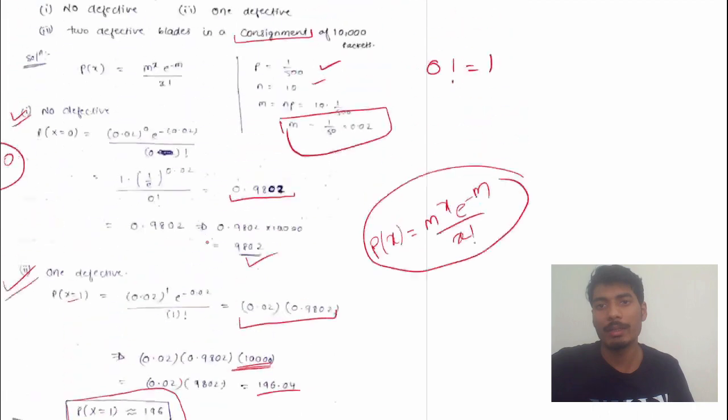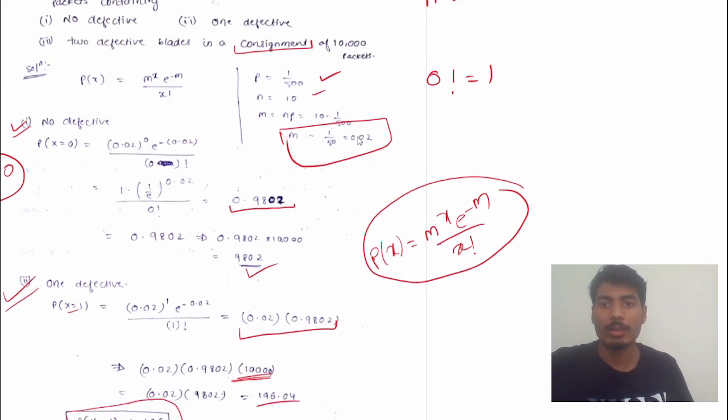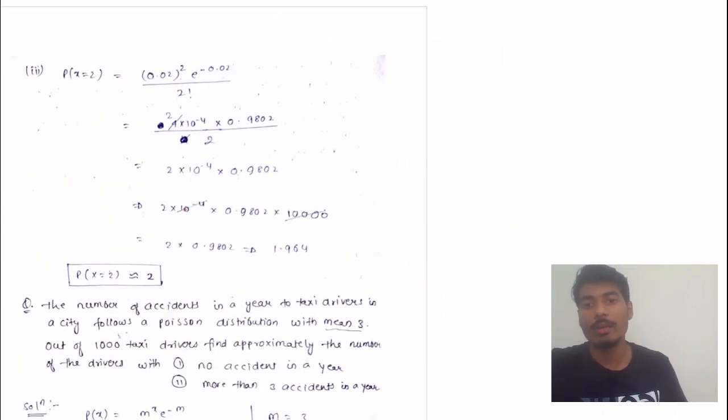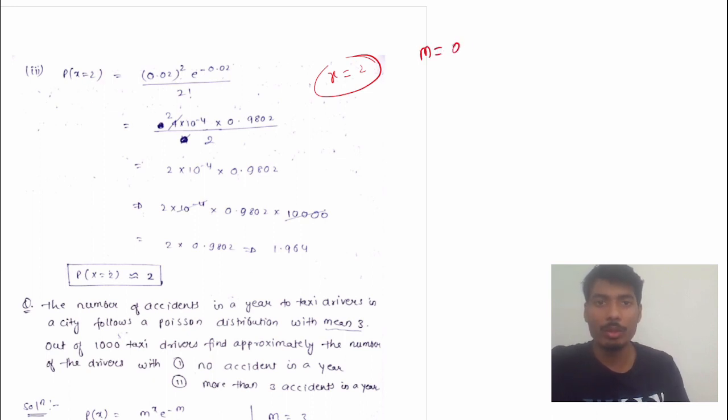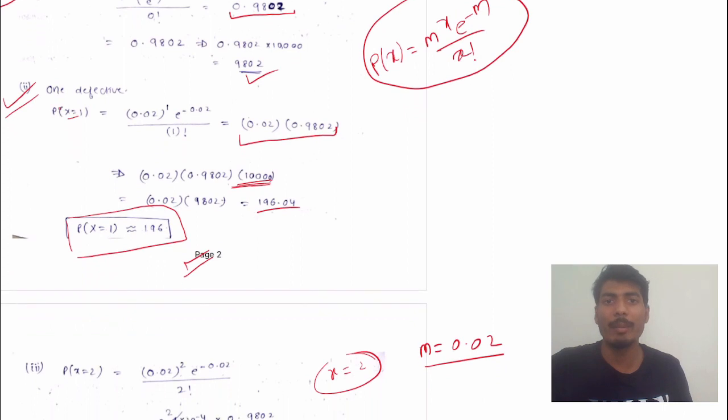Now the third part is two defective blades in a consignment of thousand packets. Two defective means x equal to 2. We know the value of m equal to 0.02. Simply we use the formula of Poisson distribution, P(x) equal to m power x e power minus m by x factorial.